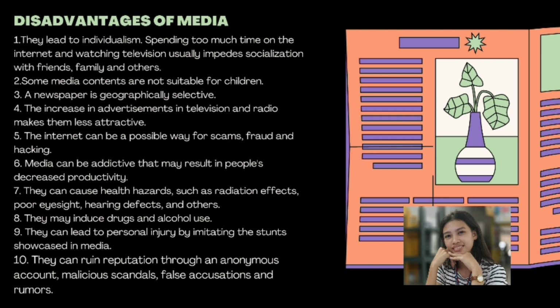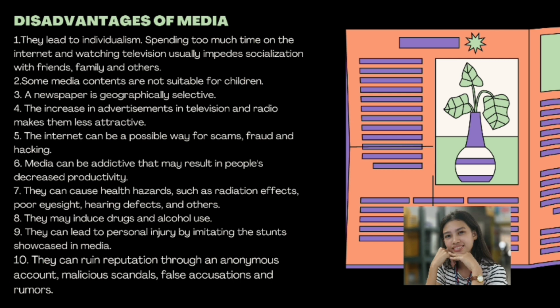It's important for parents and caregivers or nannies to monitor what children are exposed to and ensure they consume content that is suitable for their age and maturity level. So it is essential, it is a must, that parents or guardians check the media content that their child is using.